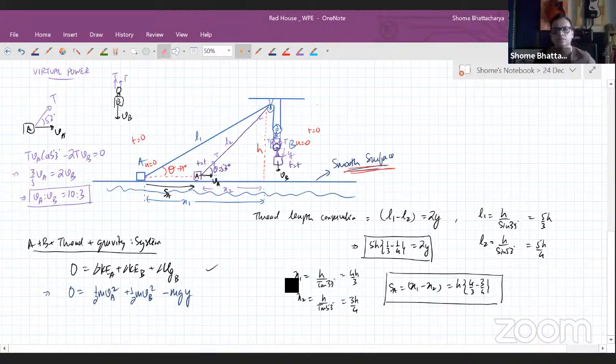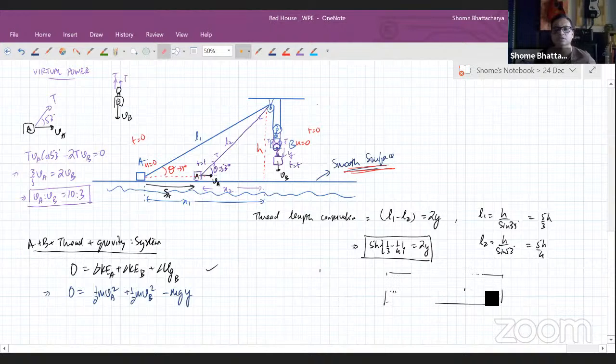So we don't need this part also now because we are taking a smooth surface. So we just need the value of y, which we'll get from this. So y will come out to be 5 meters.